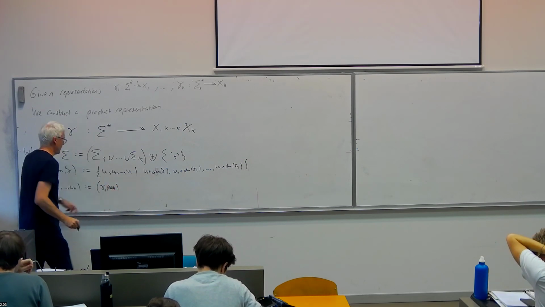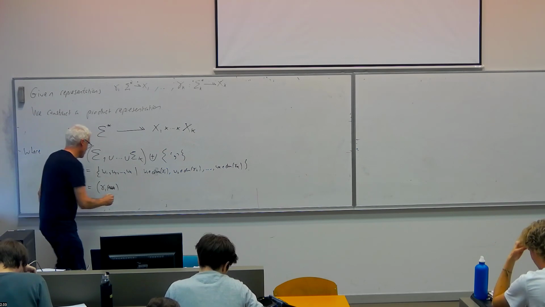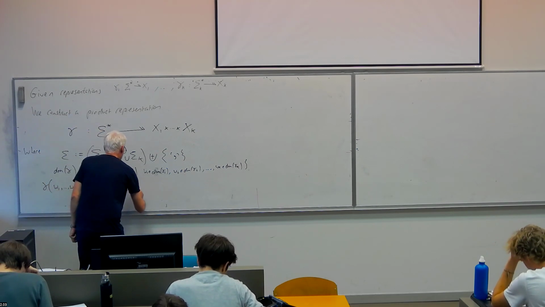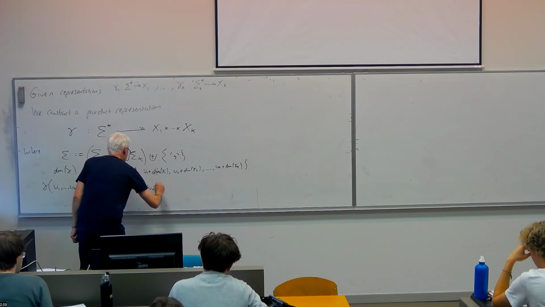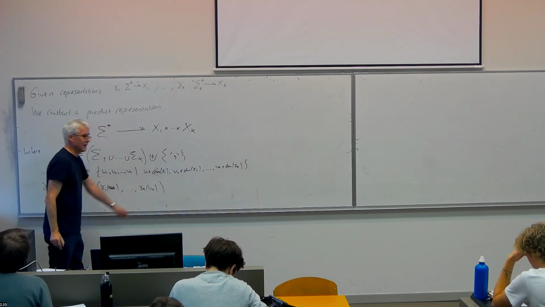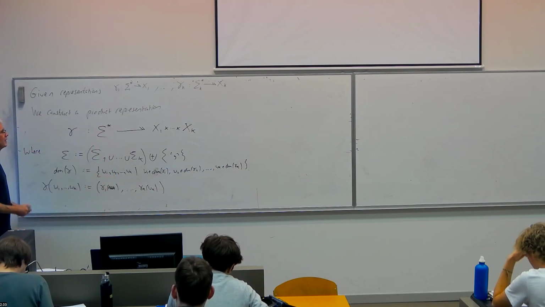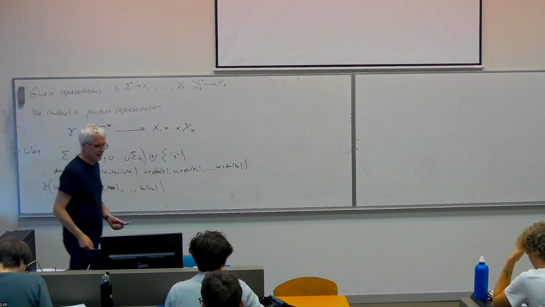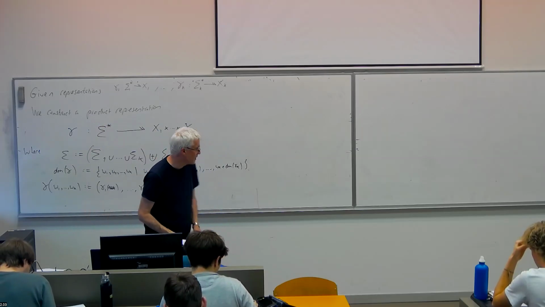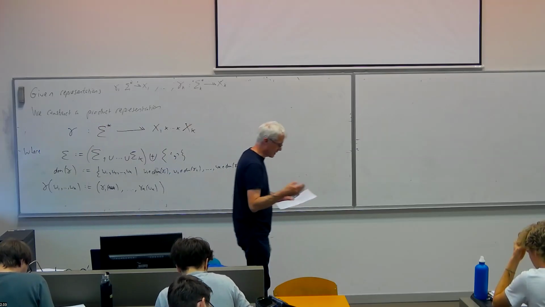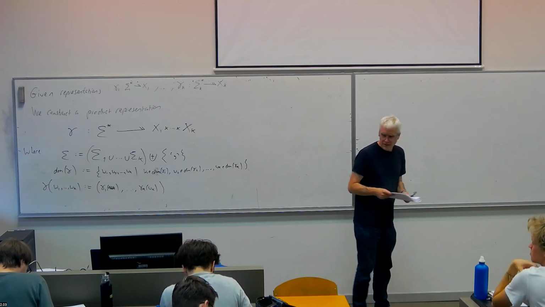We can get that by applying gamma 1 to it, and all the way down to the element of the set capital XK that the word WK represents. Okay, and that's the definition of product representation. So a very simple definition using the idea that we already had in the first paragraph.